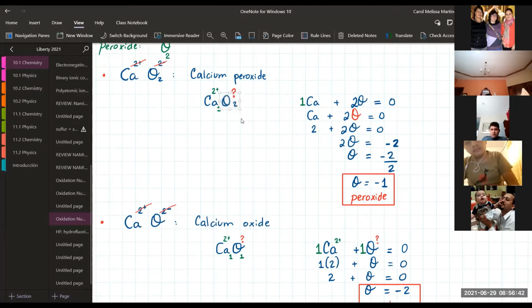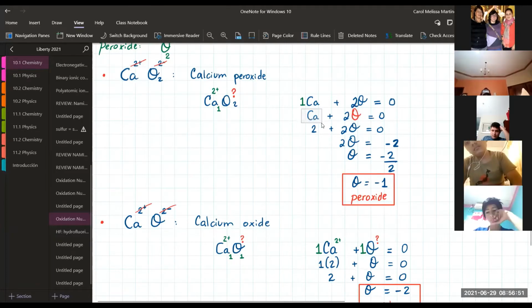But one single oxygen uses -1. So to know if I have a peroxide, I just isolate for the oxygen right here. I know that calcium is a metal that has a fixed oxidation number because I look for it in the periodic table, and it says that calcium can only use 2 plus as an oxidation number. So when you have all this information, you can isolate for oxygen in the same process that I explained, and you will notice that the oxidation number is -1.